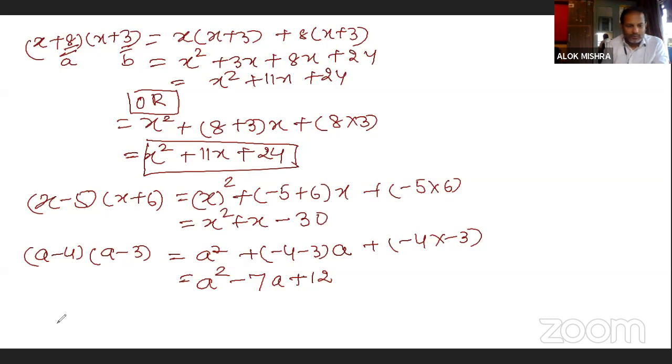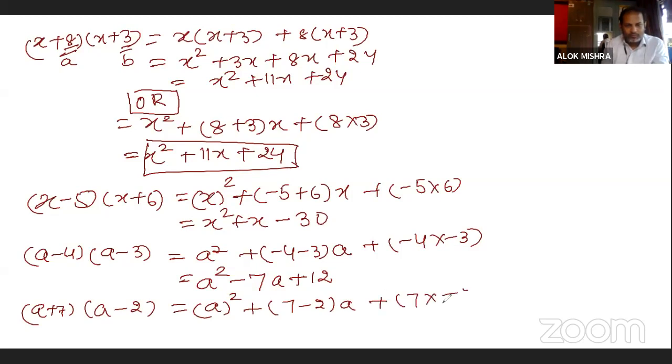Priya, you are there? Yes. Okay. Next question. I'm going ahead a bit faster because I need to complete this particular exercise. The last one is (a plus 7)(a minus 2), the same type. Same method: a square plus (7 minus 2) into a plus 7 into minus 2.